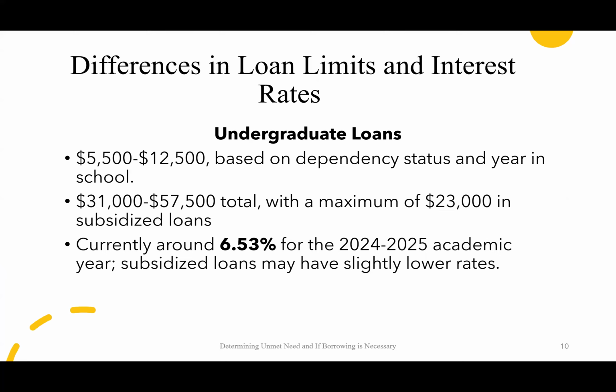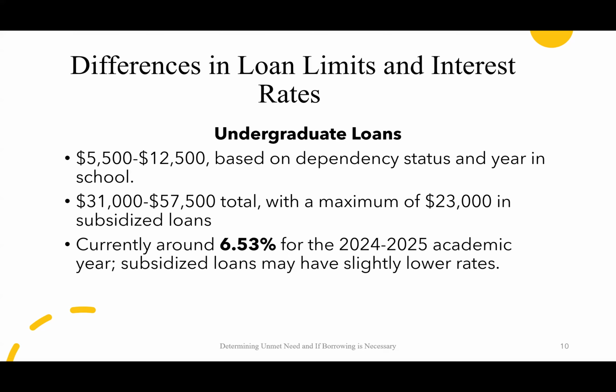All right, next, let's get into the differences in loan limits and interest rates. Let's go over the undergraduate loans. The loan limits for the undergraduate loans start at $5,500 and can go up to $12,500. This is based on the dependency status and year in school.